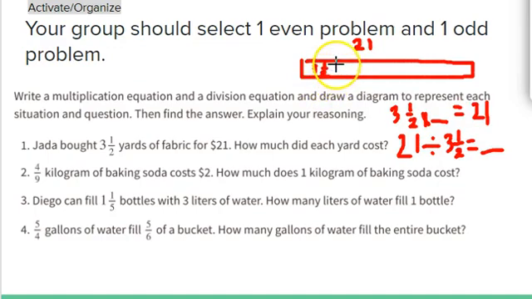So we have 3½ and we need to break that into, I believe, 6 groups. Okay, so I think it's 6 groups because we have 3½. Well, 3 times 6 is 18, right? And 6 times 1/2 gives us 3. 18 and 3 makes 21. So it makes sense that 6 is our answer here.